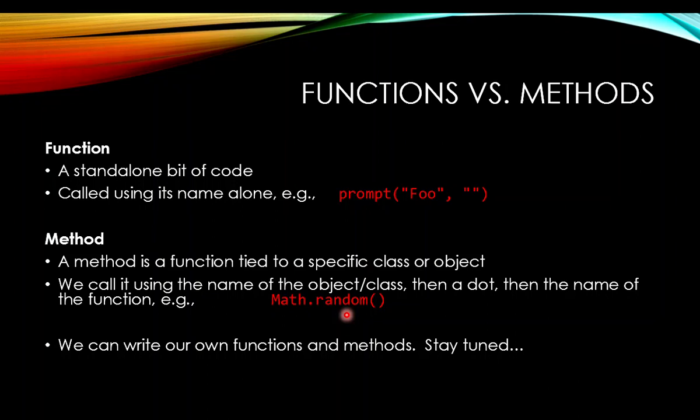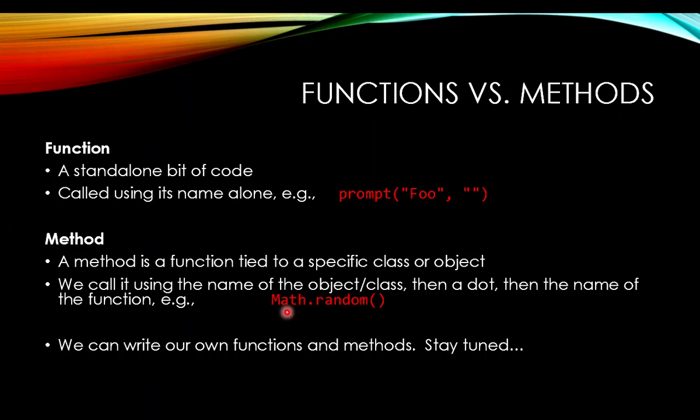A method just means that we are using an object or a class in front of the name of the function, because the function is part of that thing, right? You think of it as a library, or it's an object. We have a math thing, whatever it is, and we're calling random, which is part of that math thing. So if you see something like that, and notice we've already seen something like that, we used document.write.